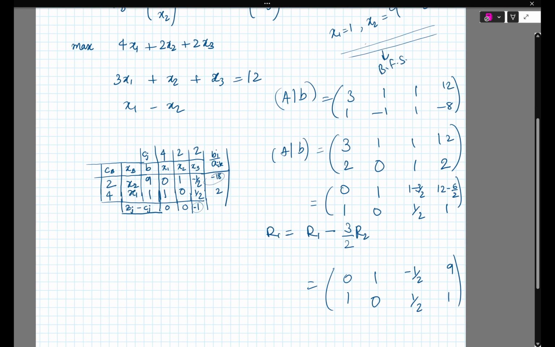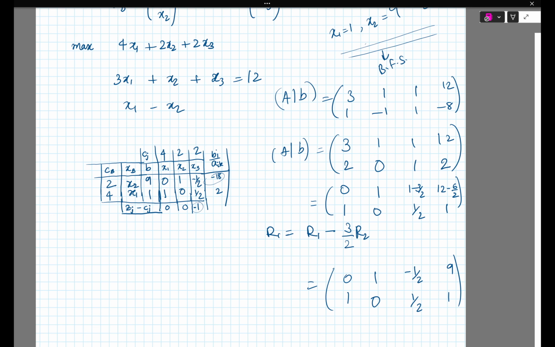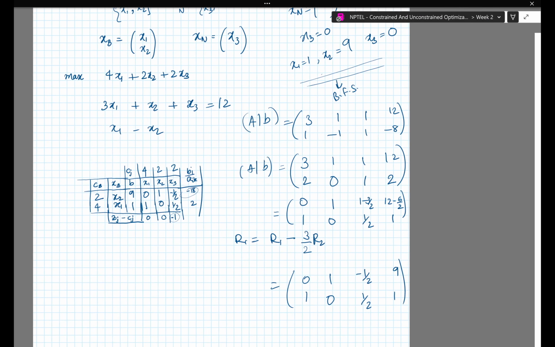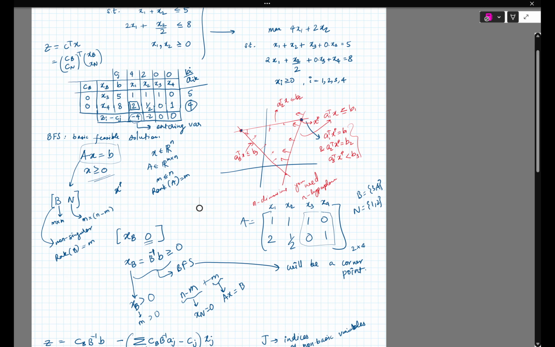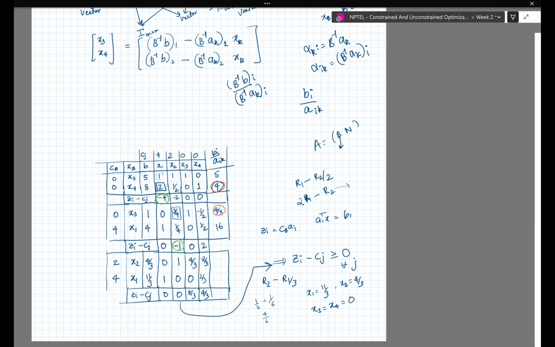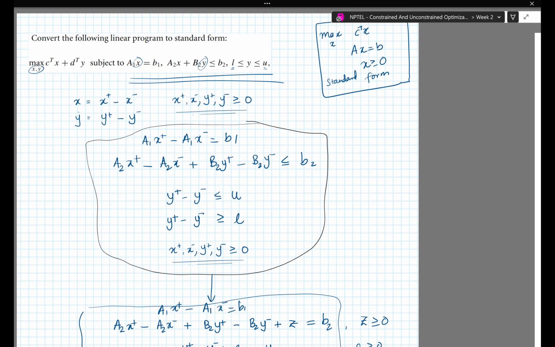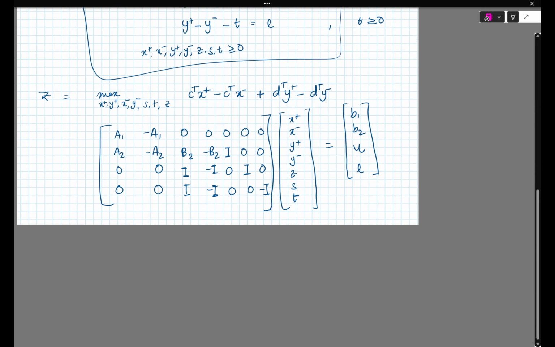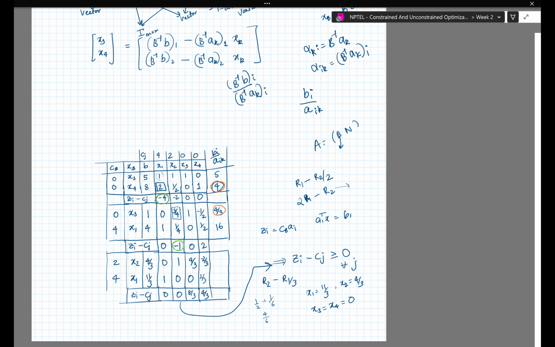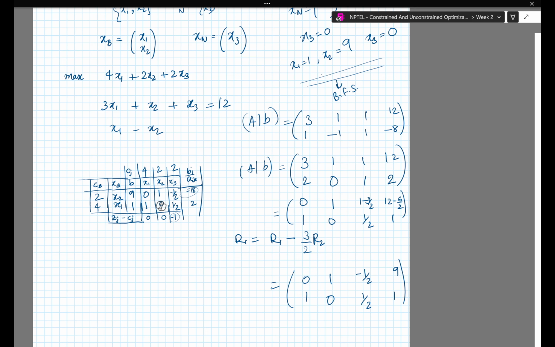That was discussed, right? Yes. So why was that? In the departing variable, if it is negative or it is infinity, then we cannot choose it. It has to be greater than or equal to 0.